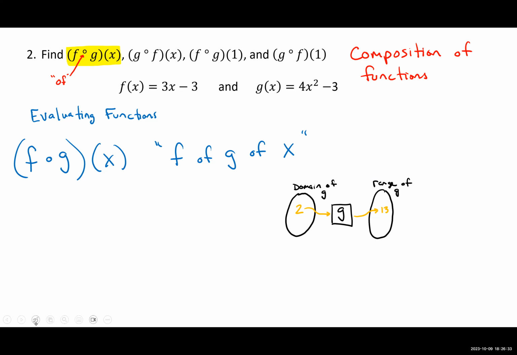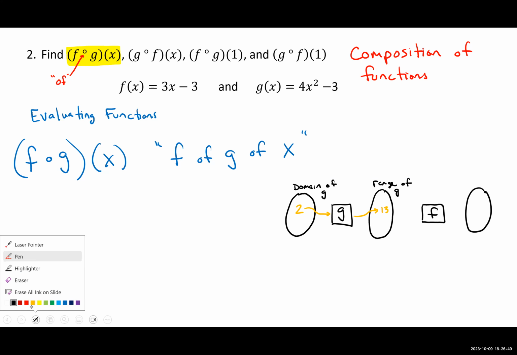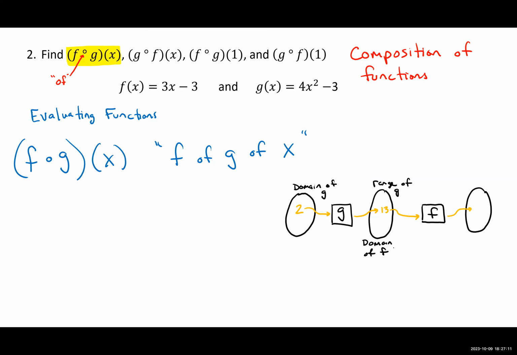What the composition of functions is doing is saying, okay, you got 13 from the g function. Now take that 13 and put it in a different function, in this case, the f function. The range of the g function, the outputs of the g function, is going to be the domain of the f function.